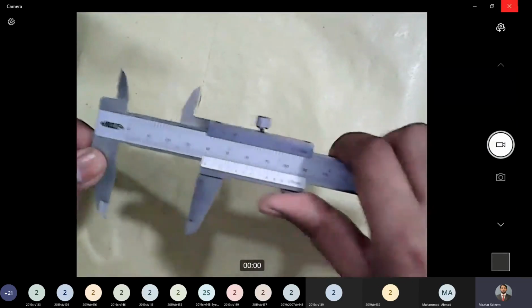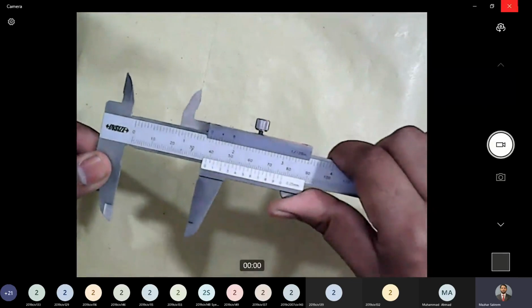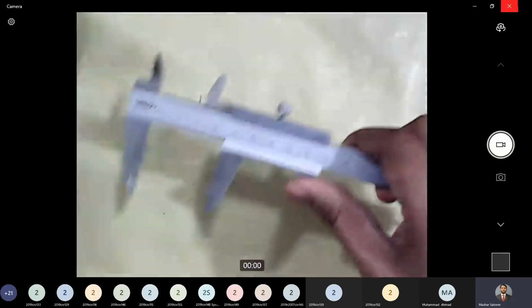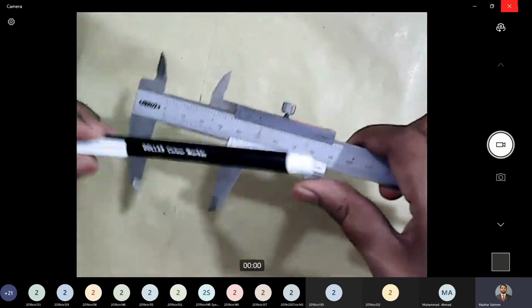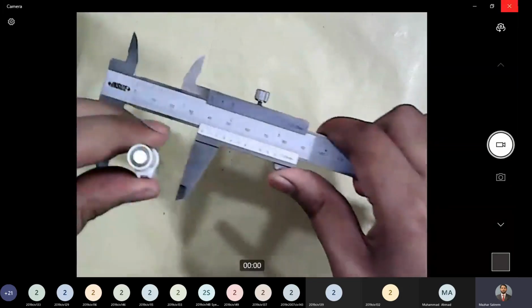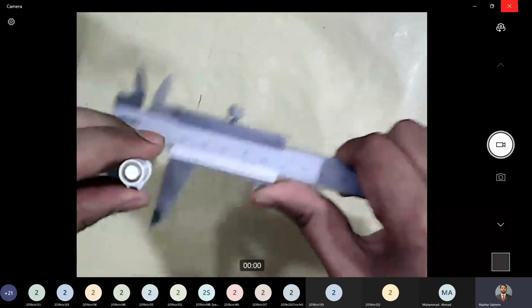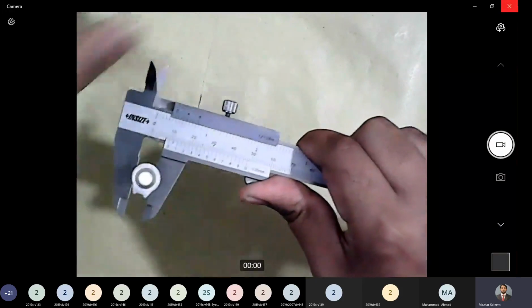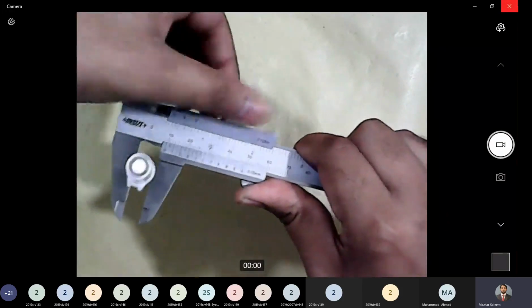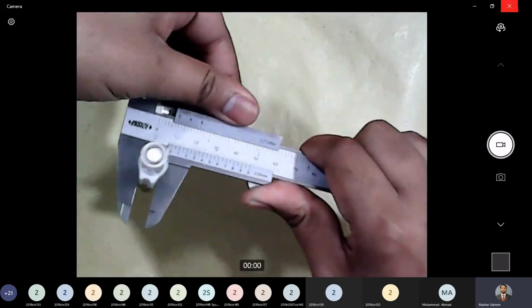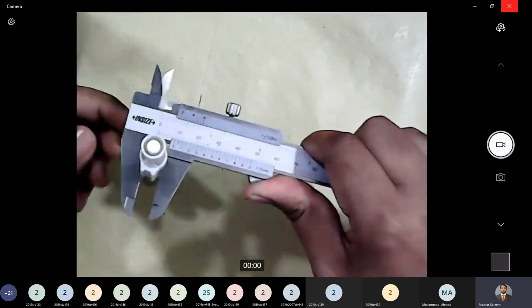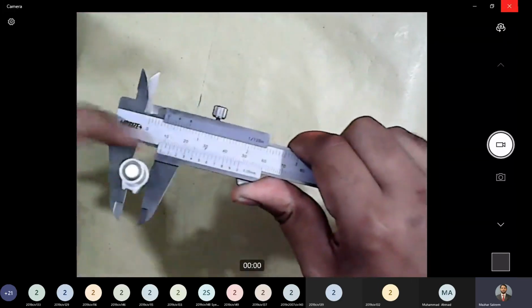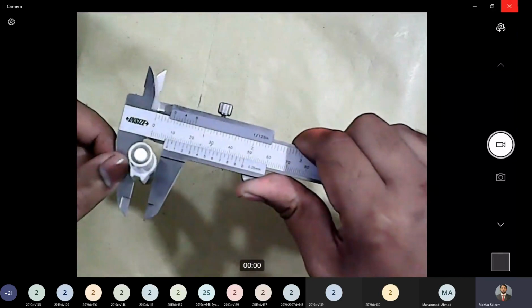So whatever dimension we want to measure, or whatever object we want to measure, let's say it's this one, we place it in the jaws like this, and then we have a clamp. We can clamp this reading. Once I tighten it, the reading gets clamped, and then we can read the measurement on the scale.